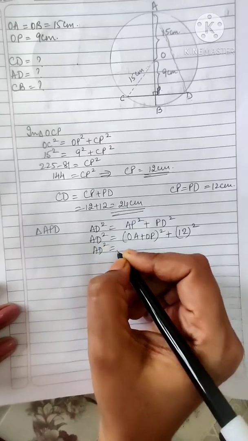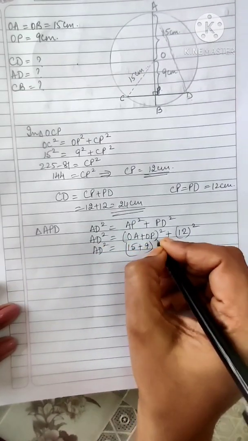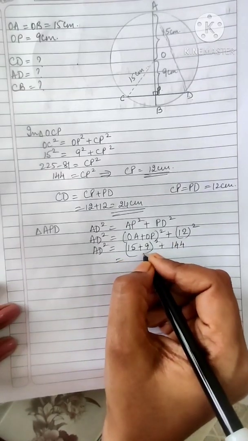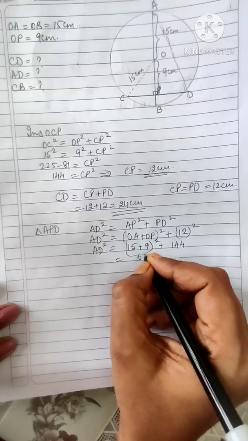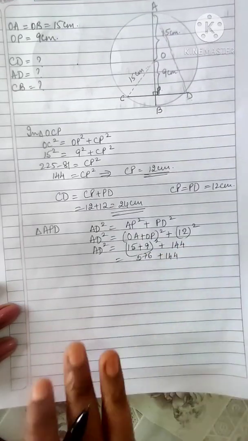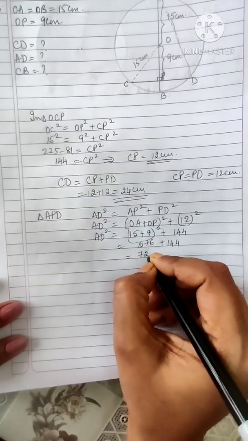So AD square, and OA we know it is 15 and OP is 9, plus 144. This is 15 plus 9 is 24. 24 square is 576 plus 144, which will give you 720.